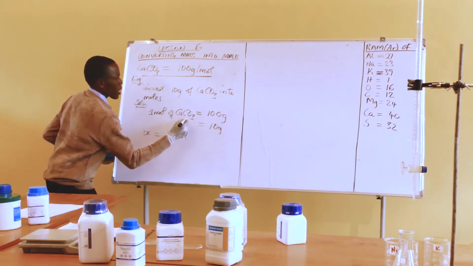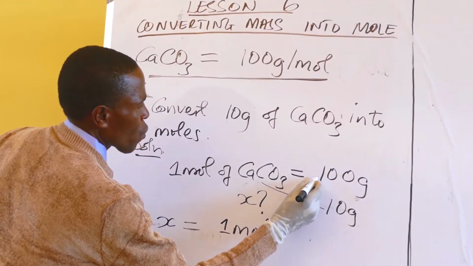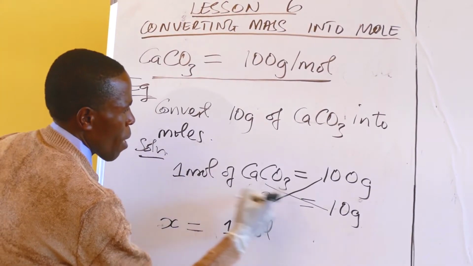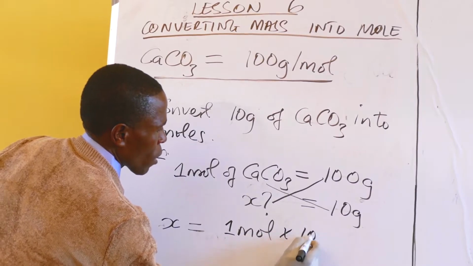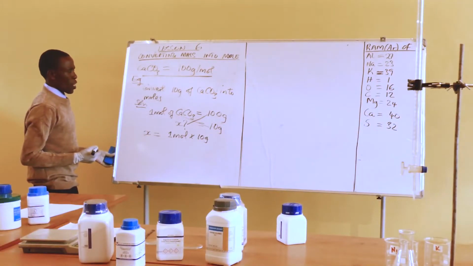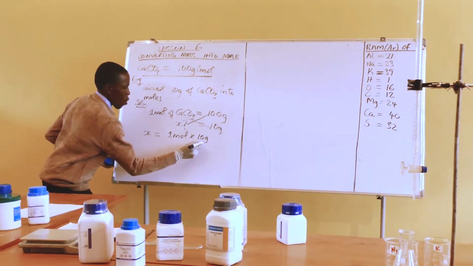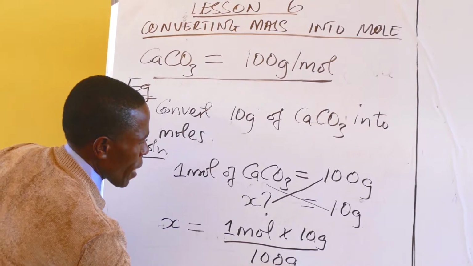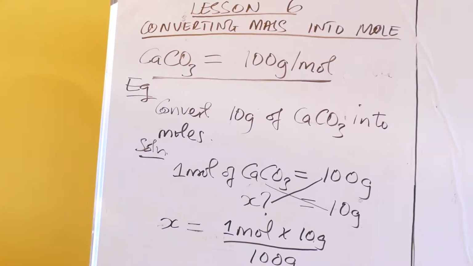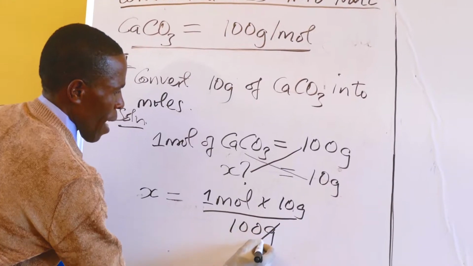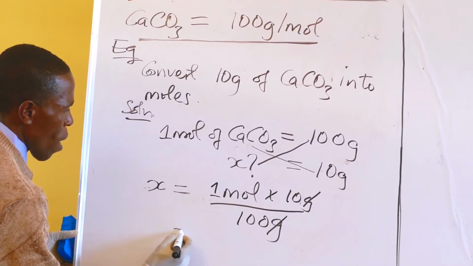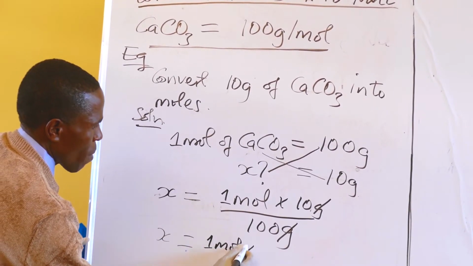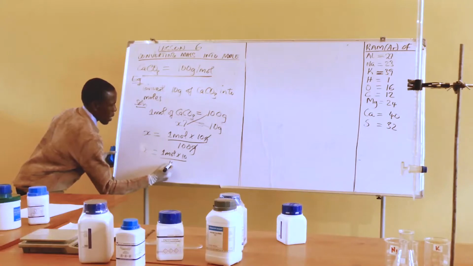So we can introduce a cross multiplication. 1 mole of calcium carbonate times 10 grams of calcium carbonate, over 100 grams. Now you cancel a gram and a gram, then you have X equals 1 mole times 10 over 100.